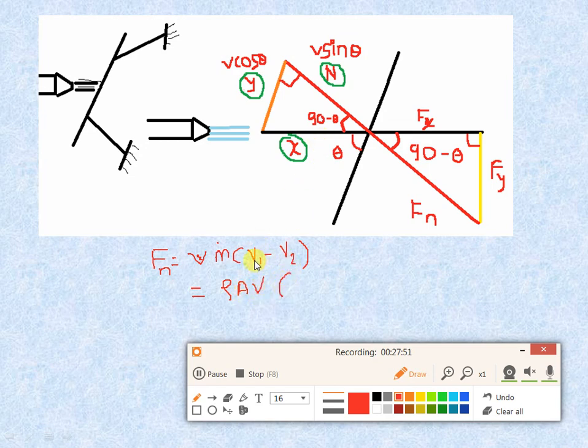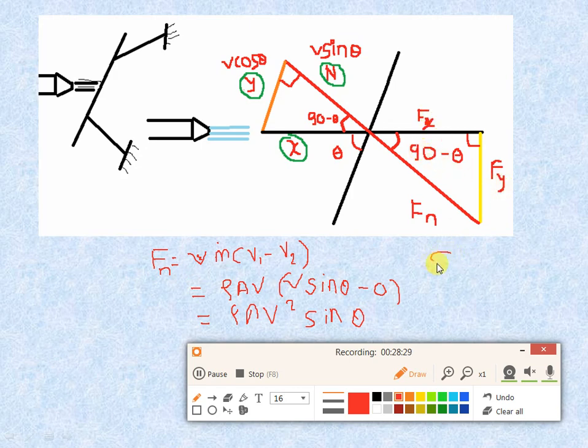The velocity v1 along the n direction is v sine theta, and the final velocity is 0. So v1 is v sine theta and v2 is 0, because after striking, the water is dispersed and we cannot measure the v2 velocity. So the final expression is rho a v square sine theta. By using Fn, we can calculate the Fx and Fy values.